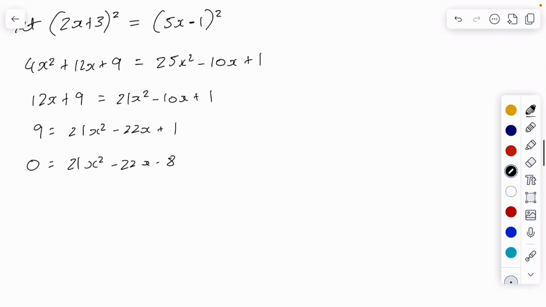It's a bit of an ugly equation here. We set that equal to 0. And in a case like this, you can just plug into the quadratic formula. So we've got 21, we've got minus 22, we've got minus 8.